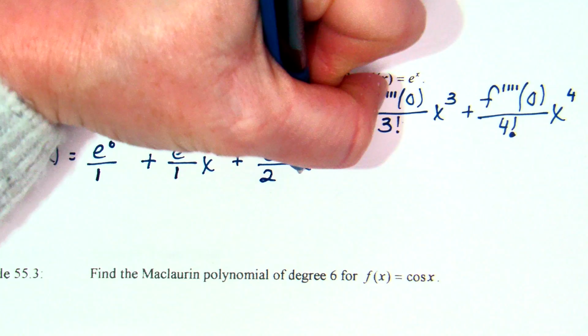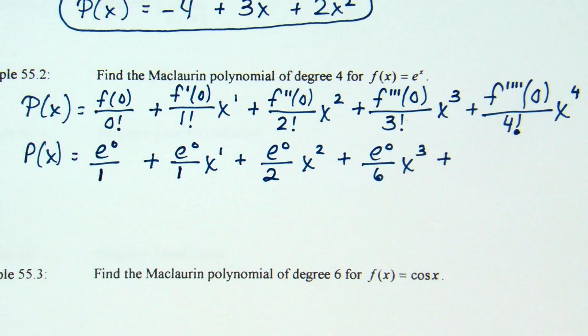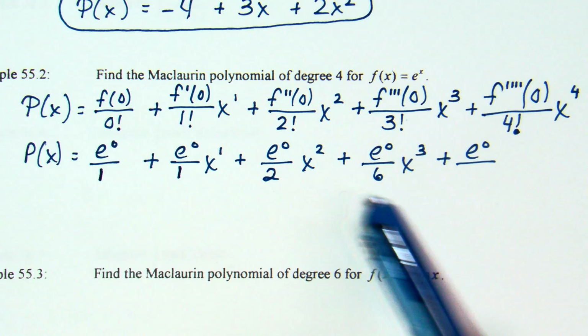What would 3 factorial be? 6, right? Because 3 times 2 times 1, x to the third. Plus, what about the fourth derivative evaluated at 0? E to the 0. What would 4 factorial be? 24, because basically you're taking 3 factorial and multiplying it by 4, or 4 times 3 times 2 times 1.